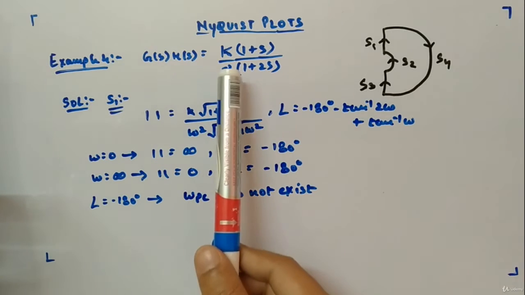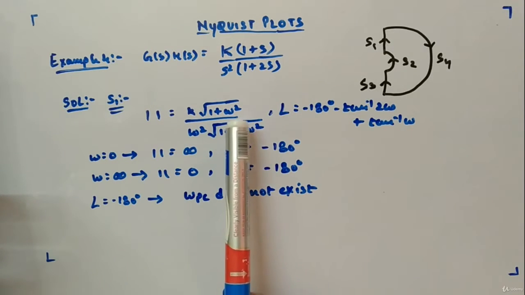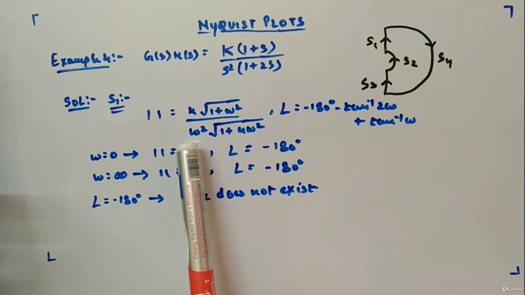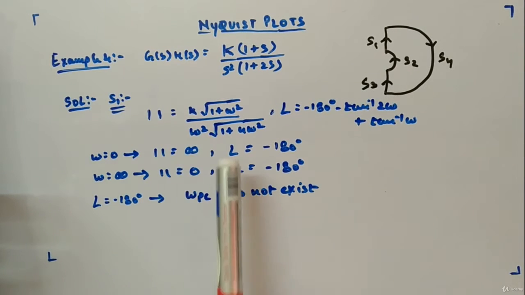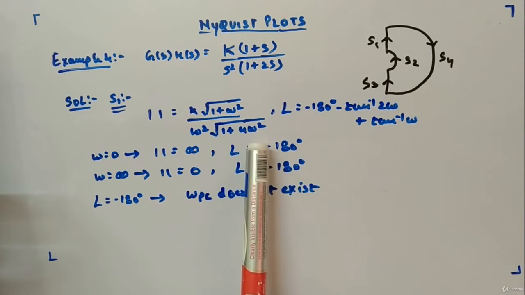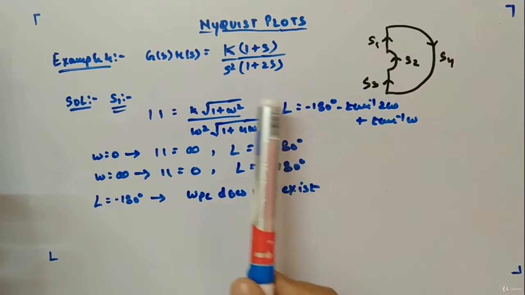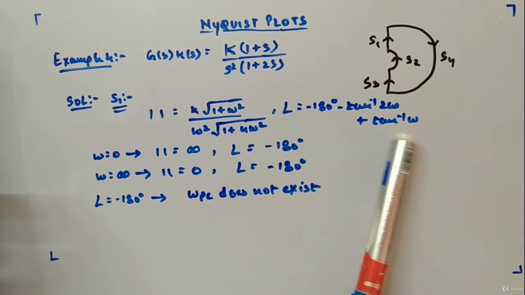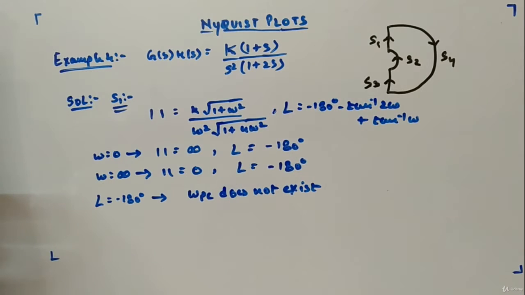So the magnitude you can see is K into under root 1 plus omega square for this term, divided by omega square times under root 1 plus 4 omega square. The angle will be minus 180 because of this term, minus tan inverse 2 omega because of this term, plus tan inverse omega because of this term.